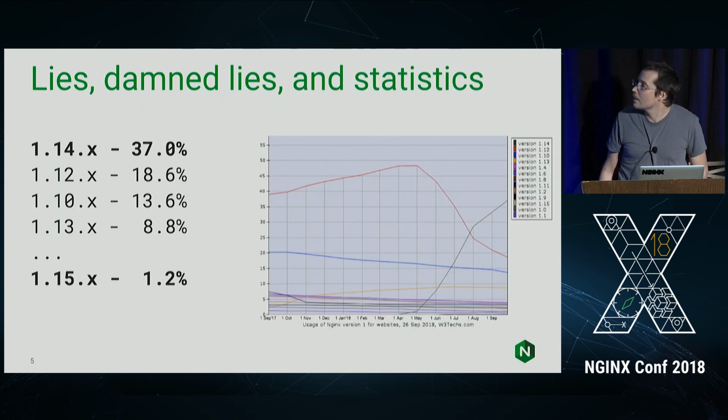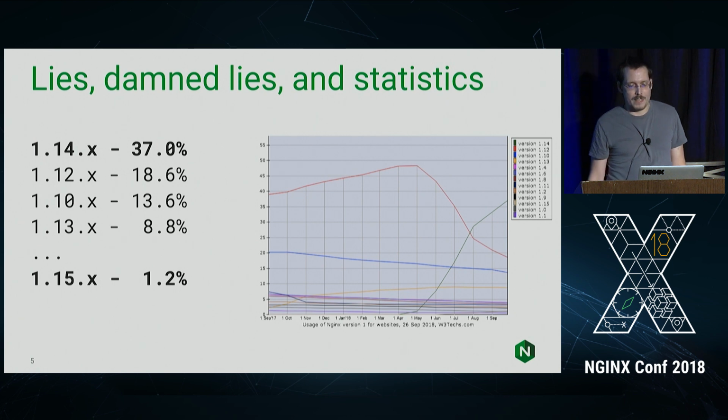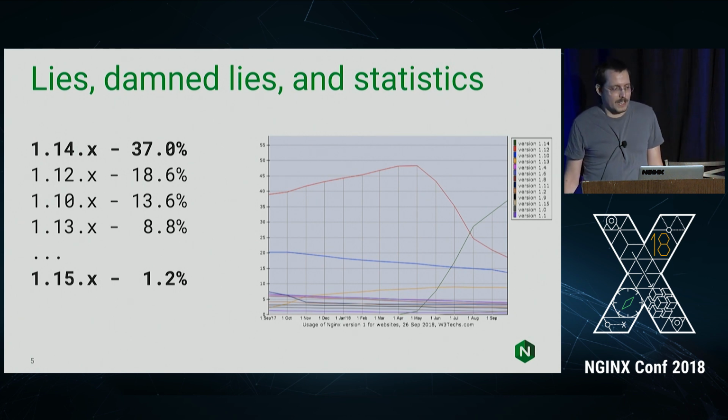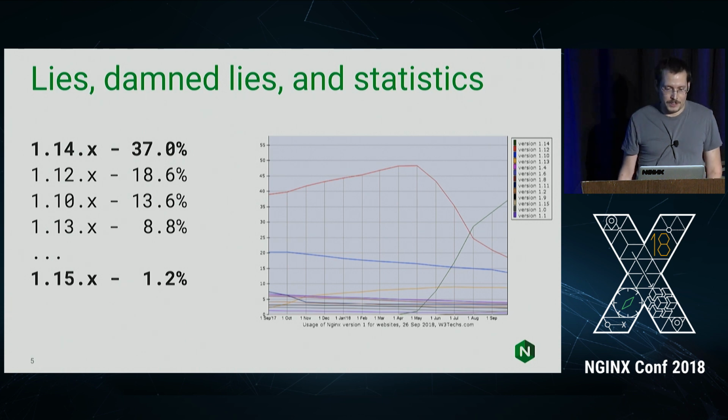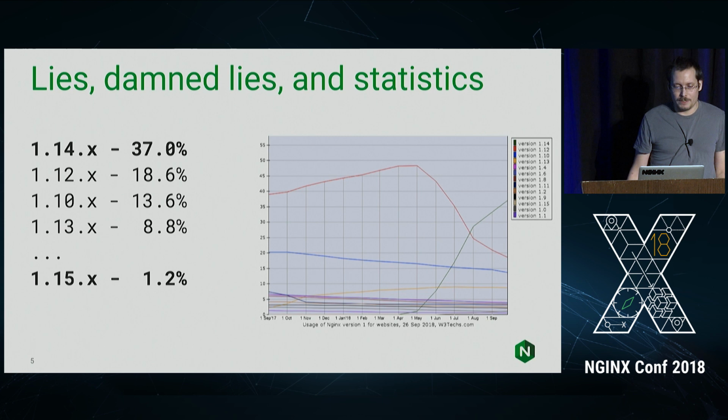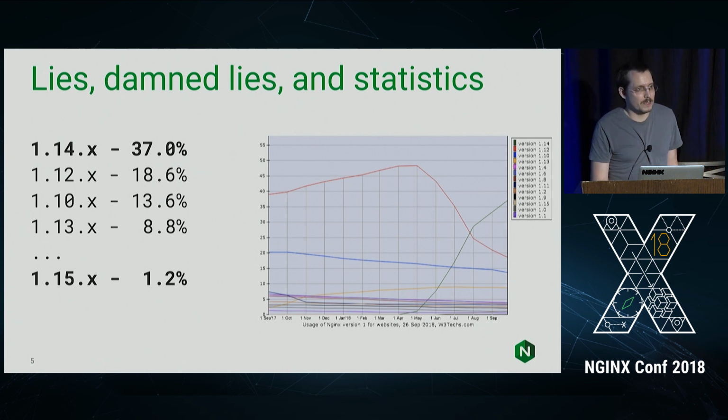Here is how usage stats for various NGINX versions look. As you can see, the most popular branch is the latest stable. Many are, however, still using older versions. This is not really a good choice, and it might be a good idea to upgrade.